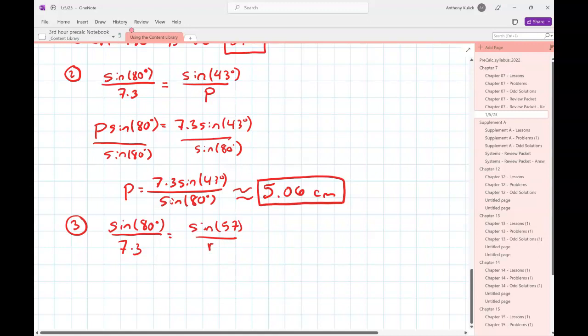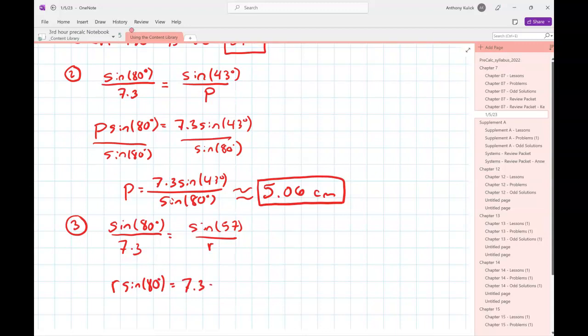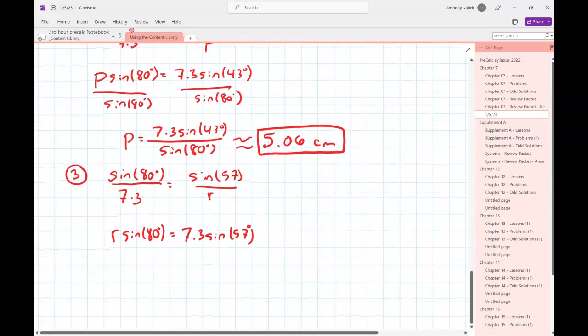And again, same procedure as before, right? We're just solving for r. So cross multiply, and then we'll divide by sine 80.